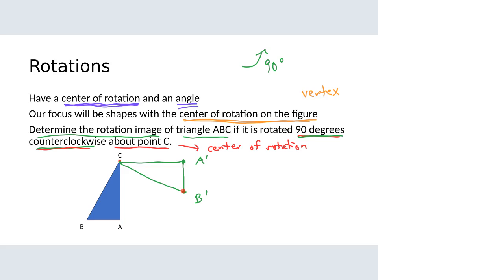And I want you to see what's happened here. I had triangle ABC. Imagine it as a piece of paper on the table cut out in the shape of that triangle. I put my finger down right here on point C to hold that in place because that's my center of rotation. Then I took the rest of the triangle and rotated it 90 degrees counterclockwise and ended up with triangle A prime, B prime, C. It's still point C because it didn't move.